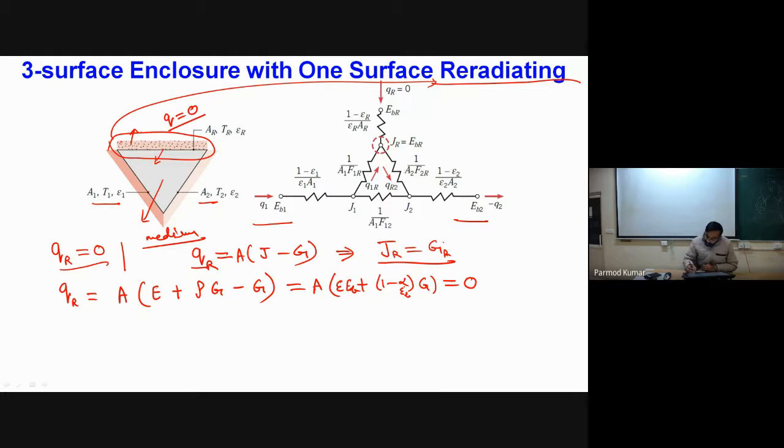Under this condition we find that G will also be equal to EB. This is the condition which holds true for a re-radiating surface.